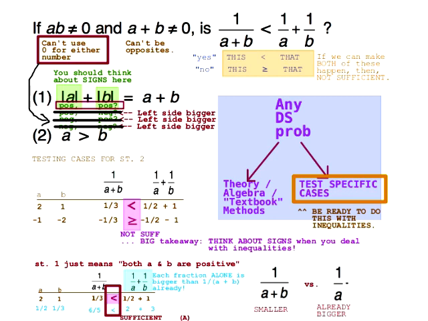Okay, statement 1 for statement 2. I'm not sure what you mean by that. What do you mean by use statement 1 for statement 2? Remember how data sufficiency works.